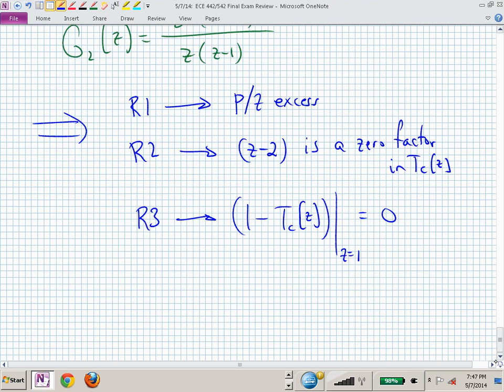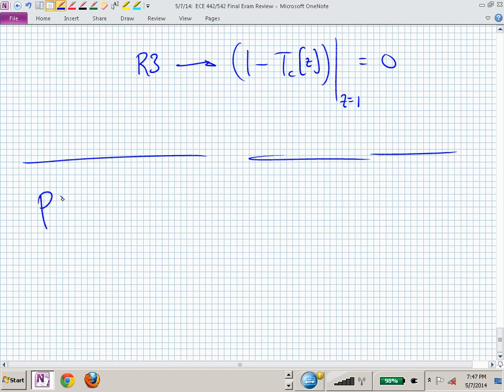Then we moved on to PID. And I think there we started learning about root locus, didn't we? But before we get into root locus, what's the benefit of I? And you know when you finish this class that you're not going to say this is a PID, is that right?